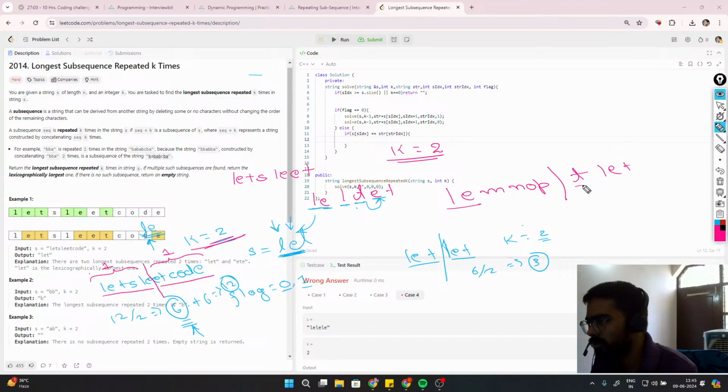So LET, even QR, I can see LET and LET over here. Even that defies our perspective, what we were thinking, what we got the insight of.